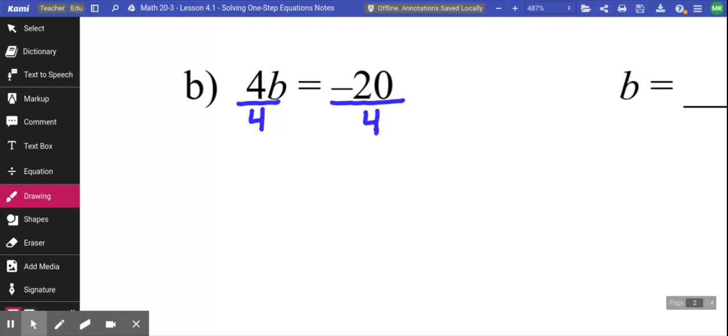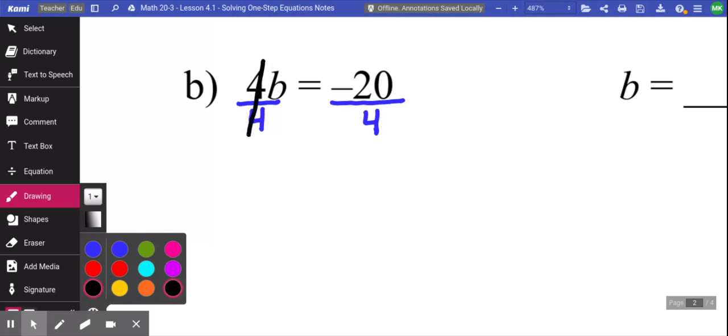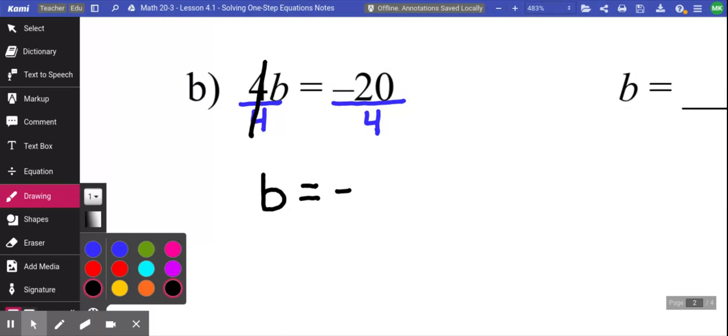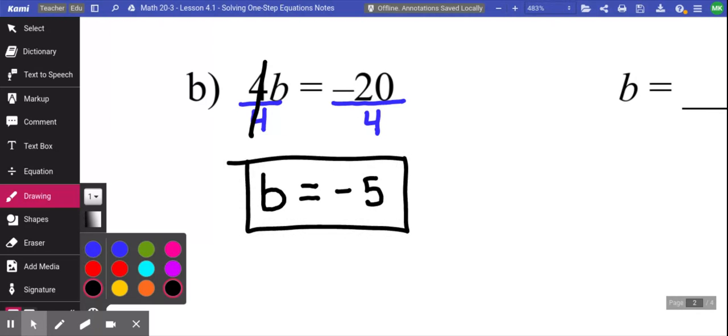That means divide. These 4s will cancel out. B is the only thing that's left. On the other side, in my calculator, I would go negative 20 divided by 4 to get negative 5. Right? We're still doing opposite operations. It's just now we're doing the opposites of multiplies and divides.